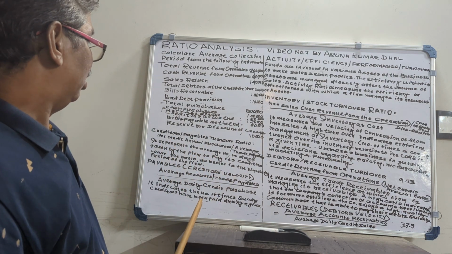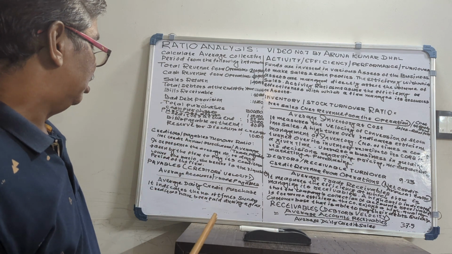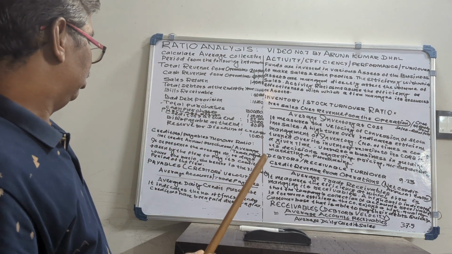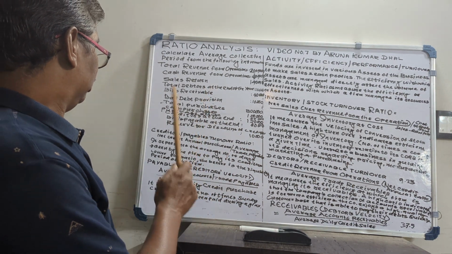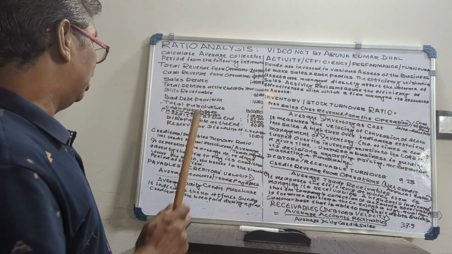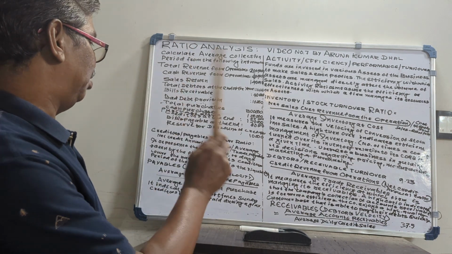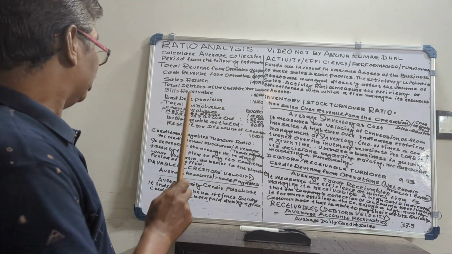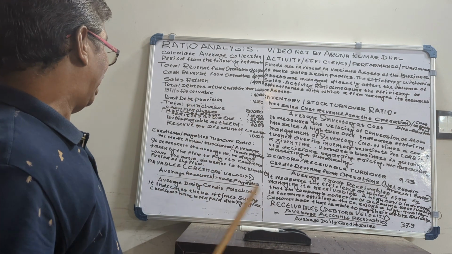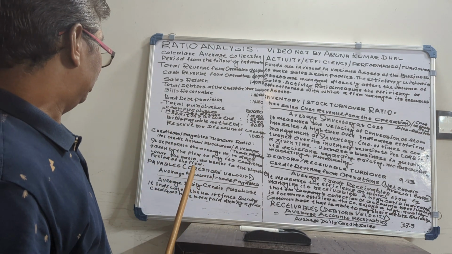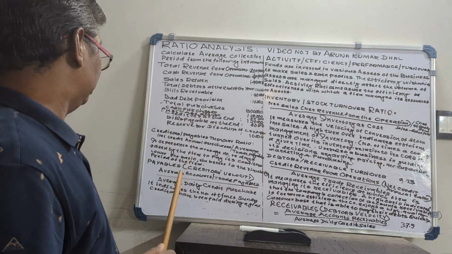That means in this case, the creditor will enjoy repayment within a short period. That means when we purchase goods on credit basis from the supplier, the supplier will give us less time, if the turnover ratio is high.